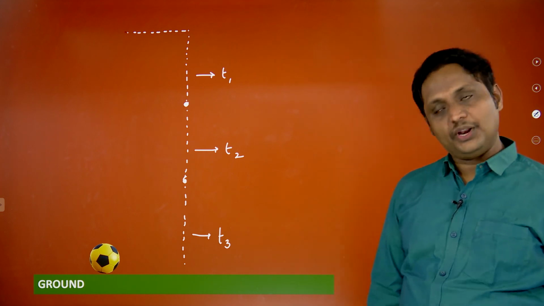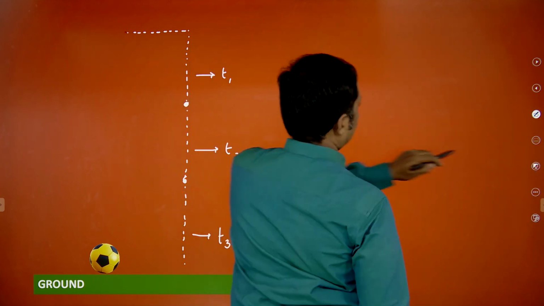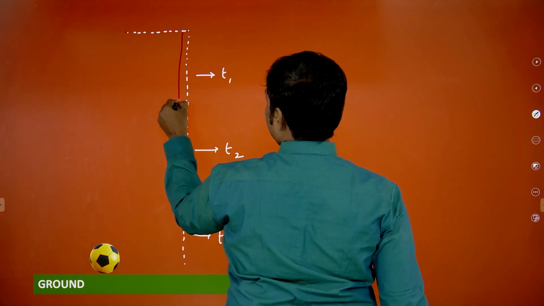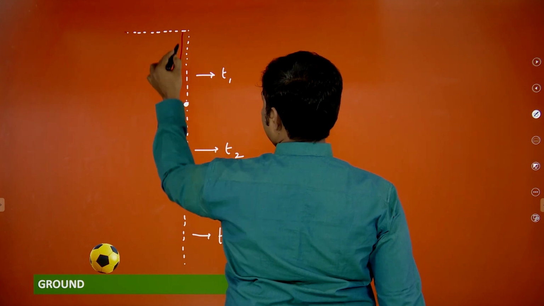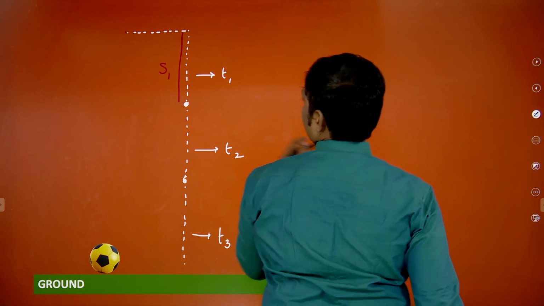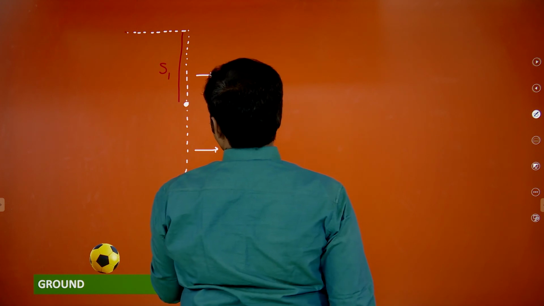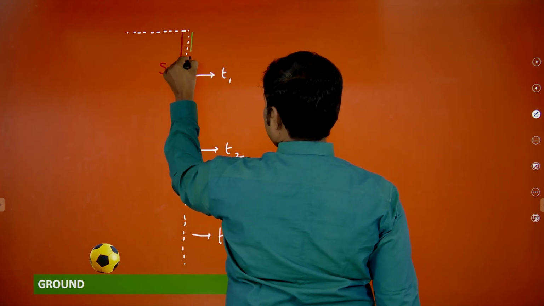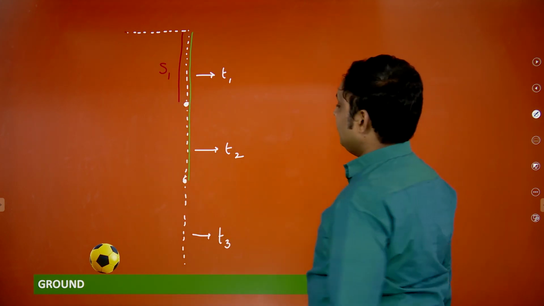You have to confirm. All right. So let us assume this is going to be S1. Let's assume. Okay, in second, it's going to be another one. You have to take this one. Yes, in 2 seconds. Very clear. All right.